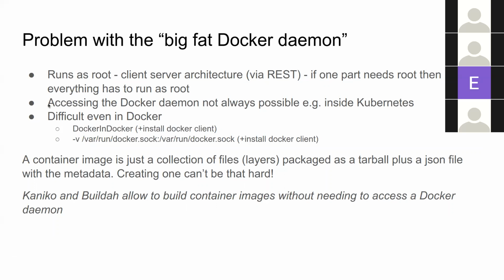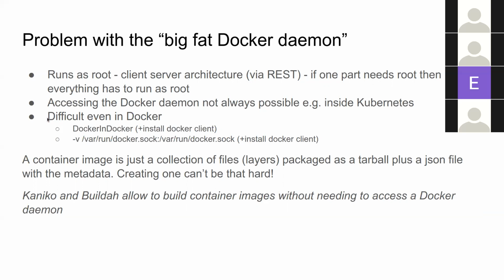Secondly, the Docker daemon is not always available. For instance, by default inside a Kubernetes cluster, there isn't a Docker daemon accessible within the cluster. So a pod can't access a Docker daemon unless you jump through hoops. And that's what these alternative build tools that don't need a Docker daemon have been primarily designed for.